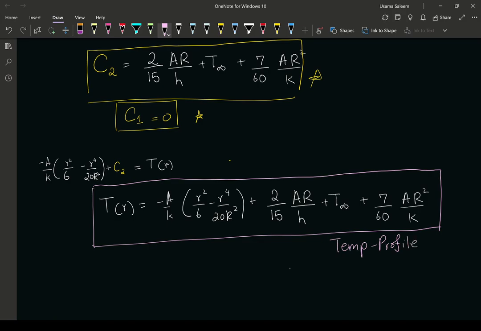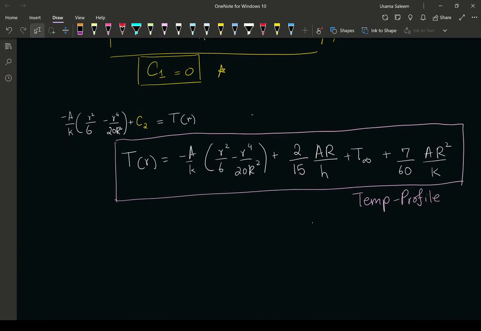What next? Now I'm just gonna give you guys a brief overview of what you can do from here. You can find the maximum temperature, and you can find the rate of heat transfer.